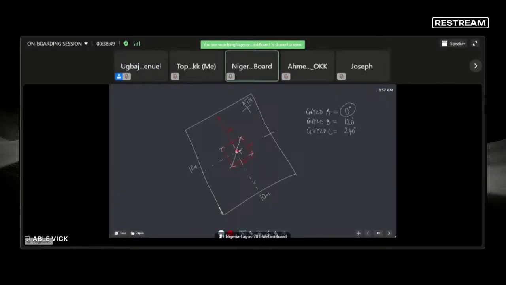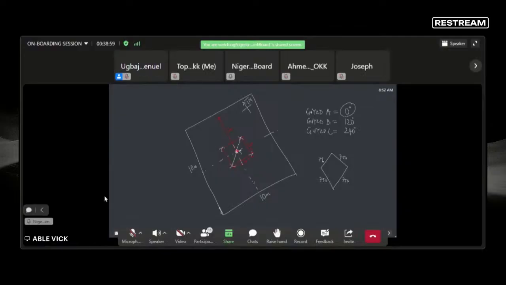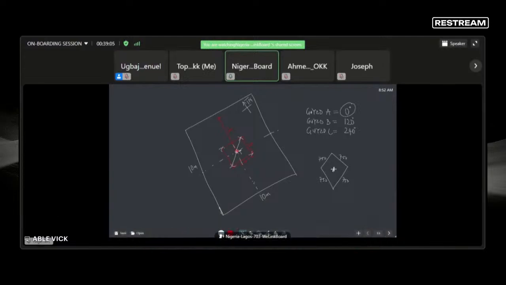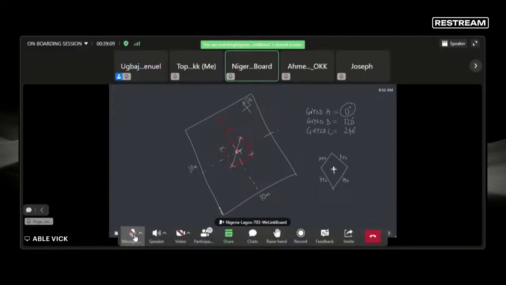I said it before, your guide wire base plate is like this, and 750 around. That 5 meter is stopping at the midpoint of this base plate. Can you see where I'm marking as the midpoint of the base plate?